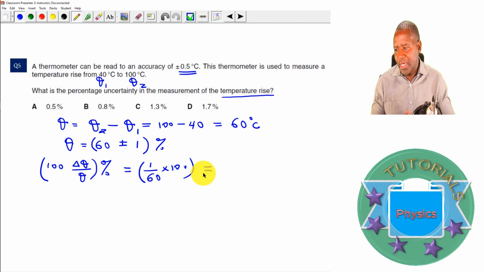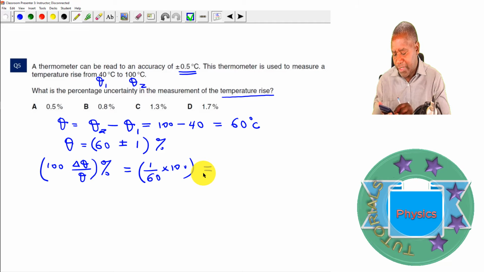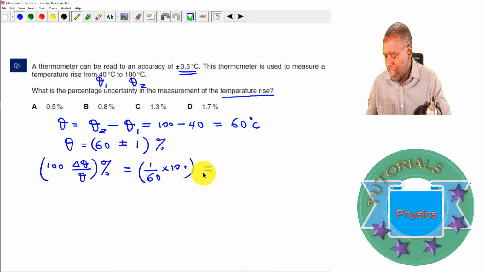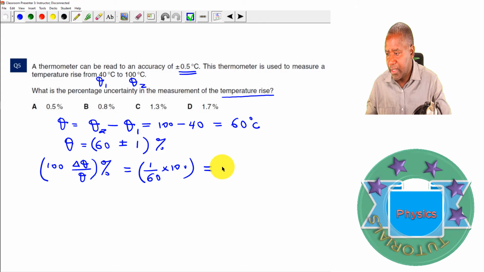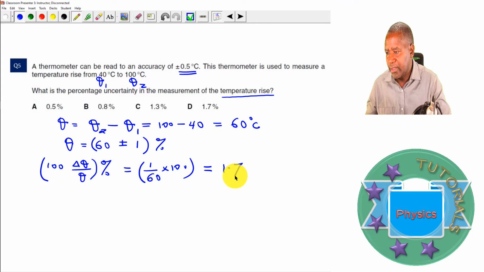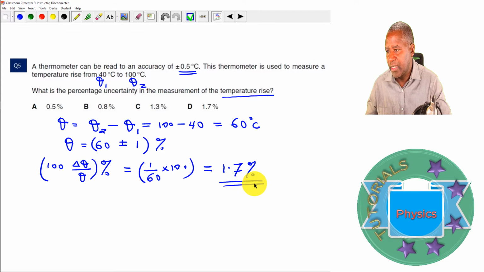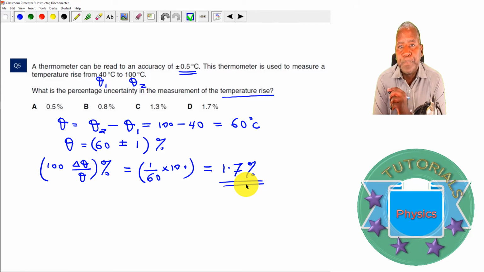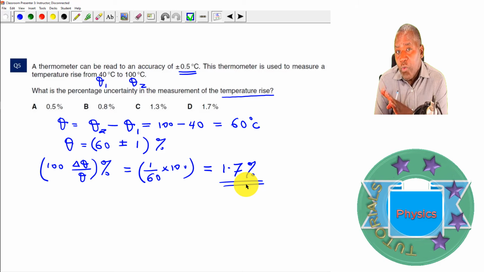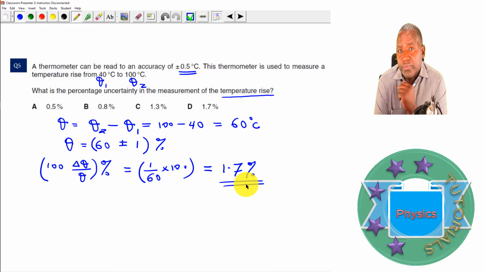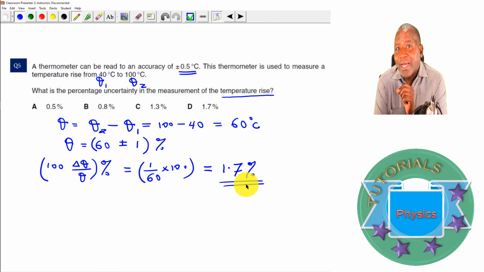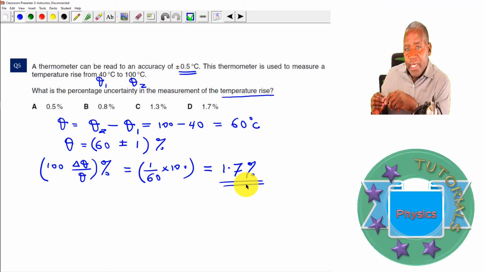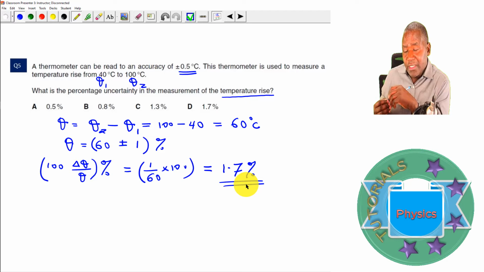Let's see what that gives us. So we have 100 divided by 60, and you get 1.666, approximately 1.7. Now, if we were working out this question in paper 2, and the question did not ask us to show that the percentage uncertainty is this much, and we are just required to write our answer, this is what we would do.